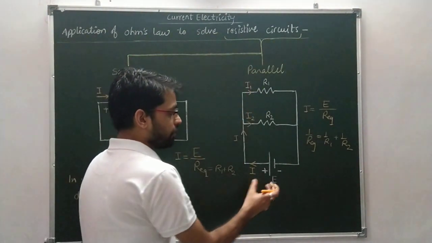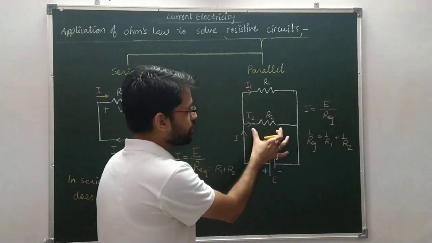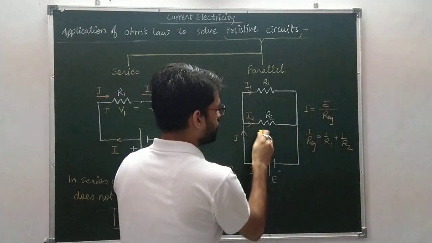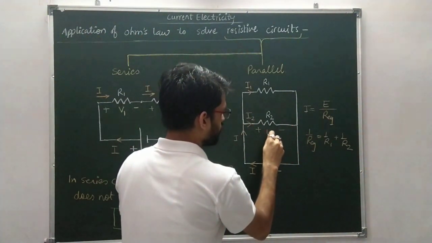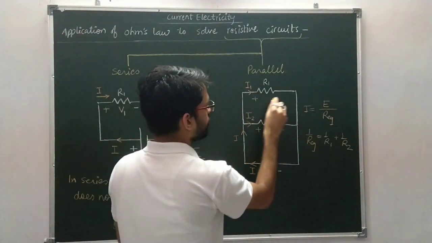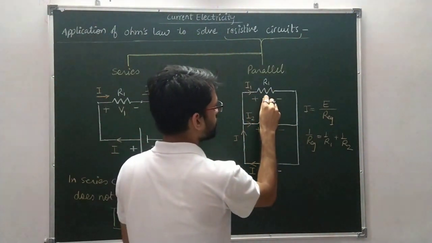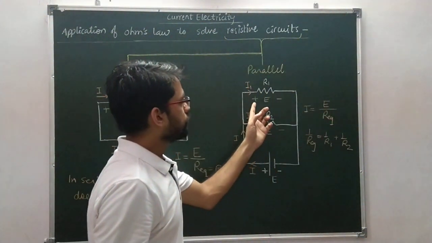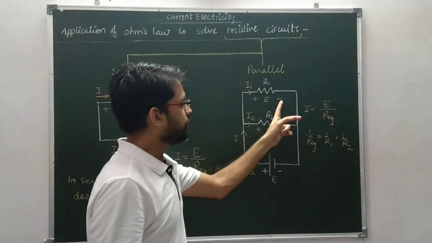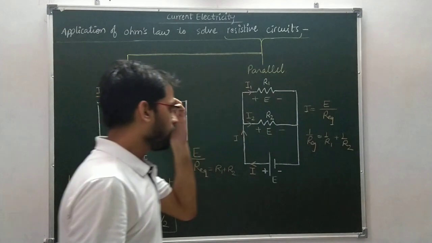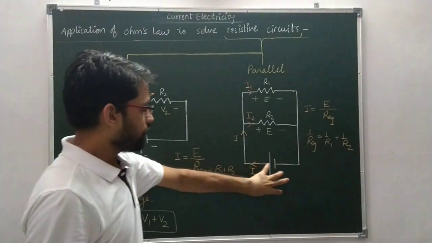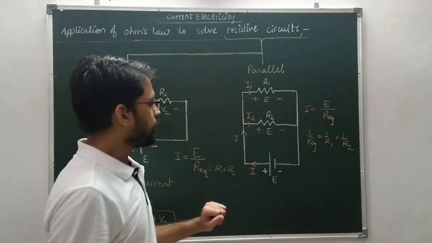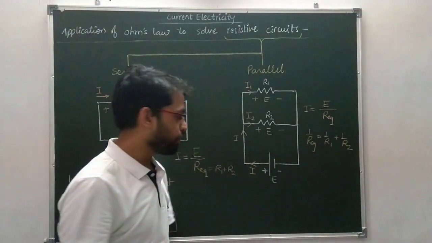And the potential difference remains the same. So the potential difference across R2 will be E, and the same potential difference across R1, that is E. And the current is running from left to right, so this will be at high potential and this at low potential. So the potential difference in a parallel circuit remains the same, but the current is divided.